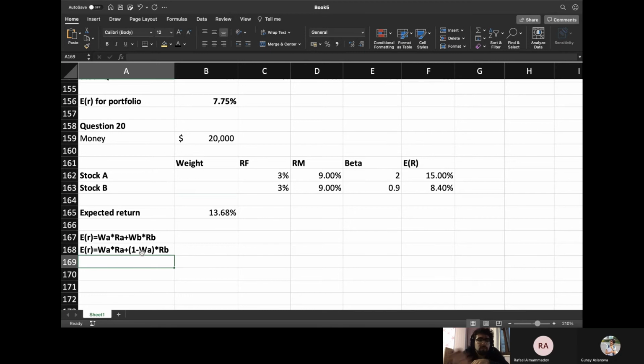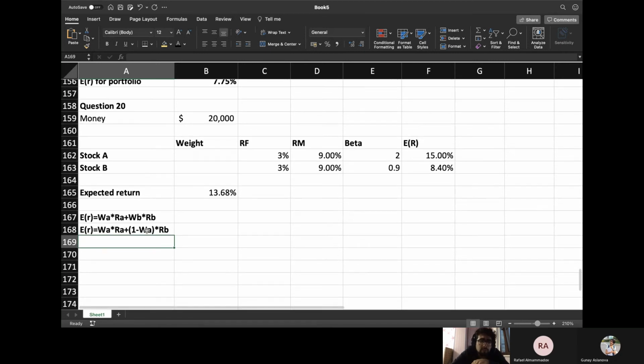Solve the equation for weight A, then subtract from 1, and you will find the weights.